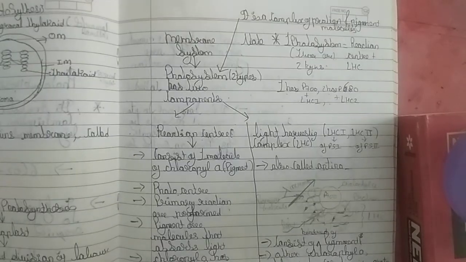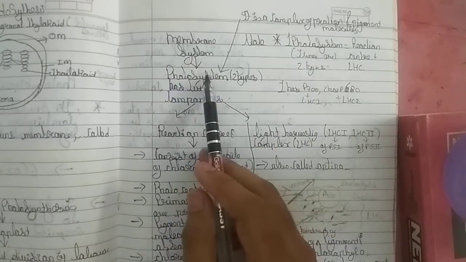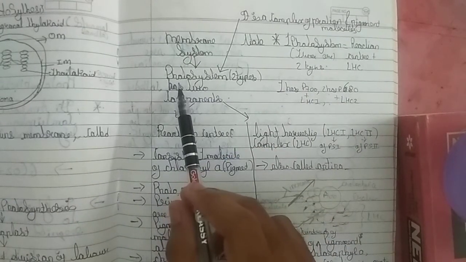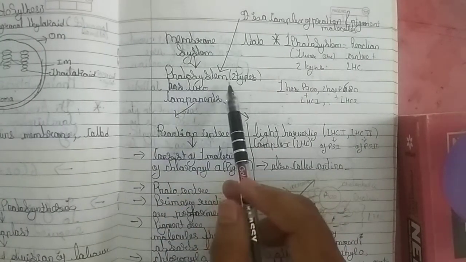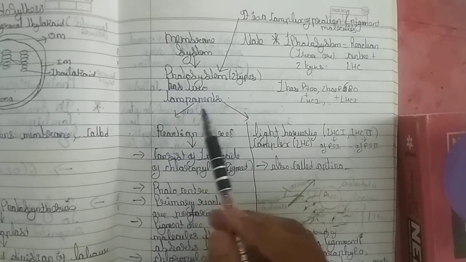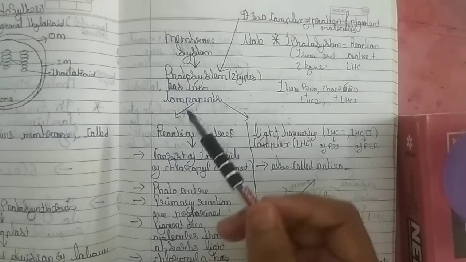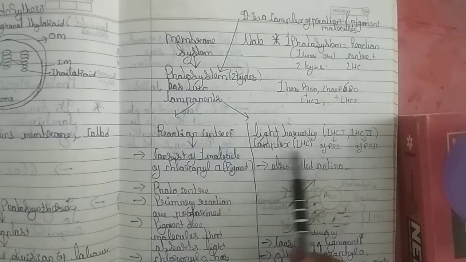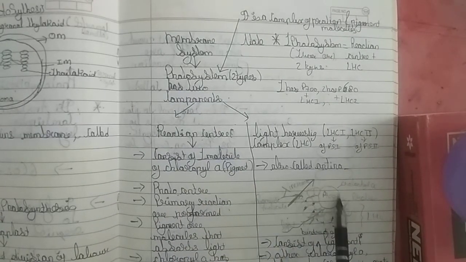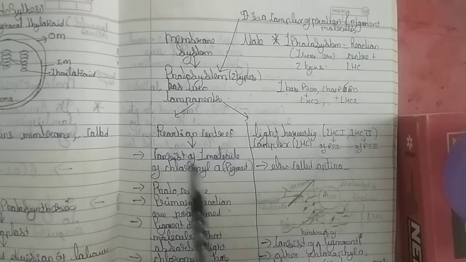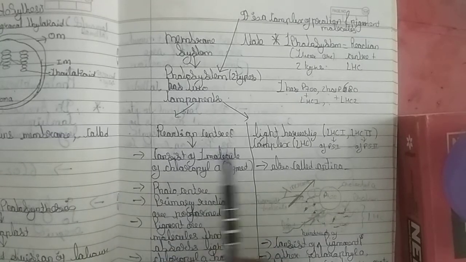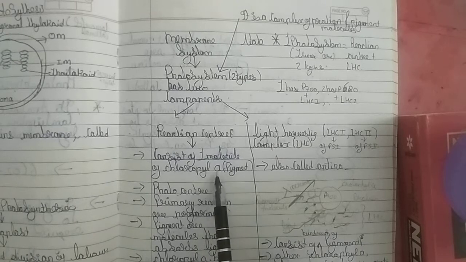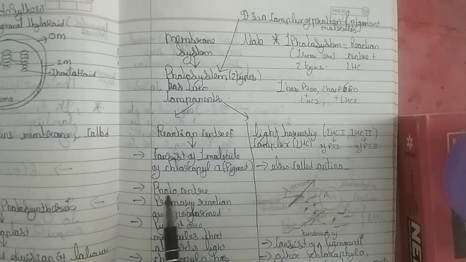So the membrane system further includes the photosystem, and there are two types. The photosystem consists of the reaction center and the light harvesting complex. The reaction center consists of one molecule of chlorophyll A, a pigment, also called the photocenter.